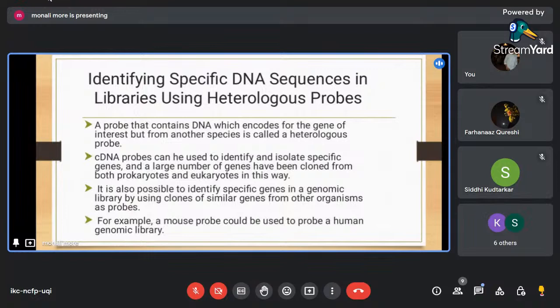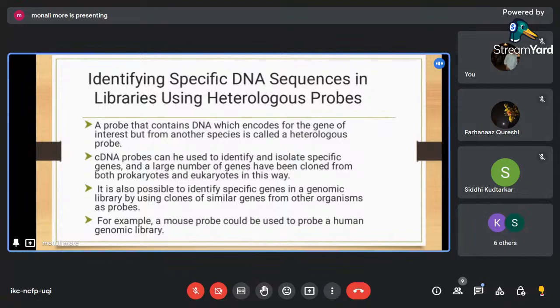It is also possible to identify a specific gene in a genomic library by using a clone of a similar gene from another organism as a probe. For example, mouse probes could be used to probe a human genomic library.